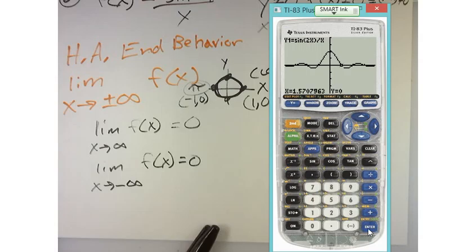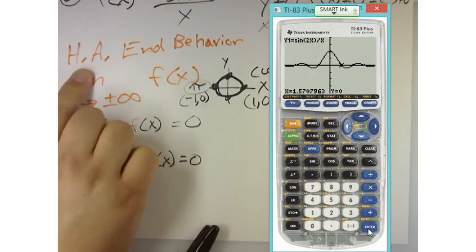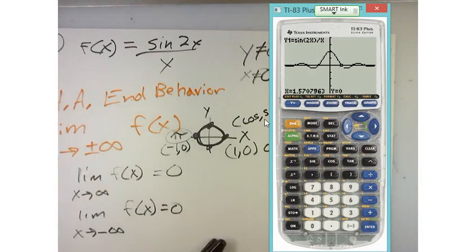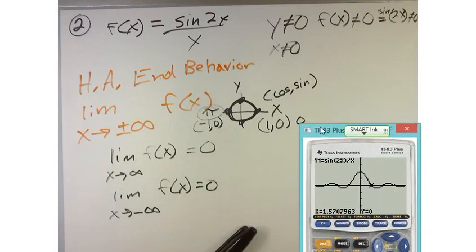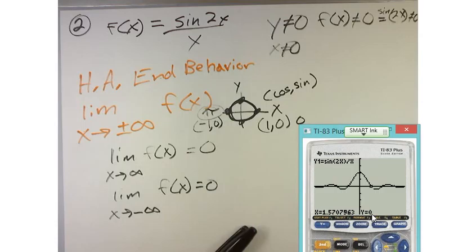So to say that we have a horizontal asymptote at y equals 0, or to say that y does not equal 0, which is what my book says, is wrong, because clearly y can equal 0. So it's not an asymptote in the sense that you guys have been taught. But if we look at the end behavior, it does approach 0 both as we go towards negative infinity and positive infinity. Does that make sense? So I can see where there's some confusion on that.